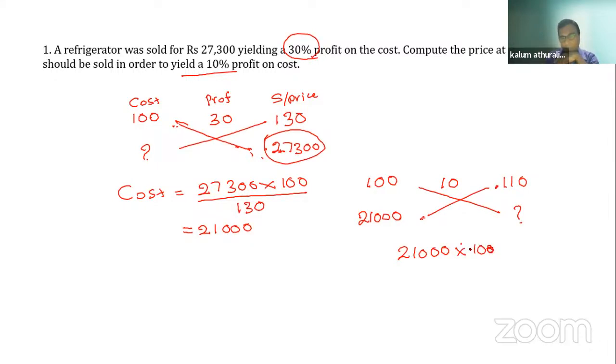Then the ideal value is this one, and you divide by that value. This is the selling price. It is 23,100 rupees. This is the answer.